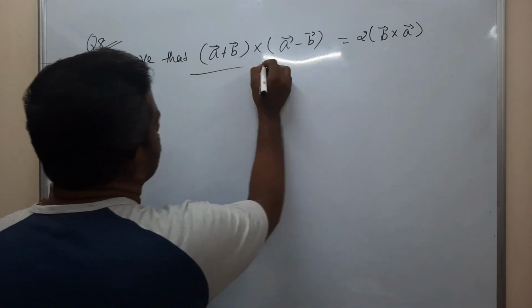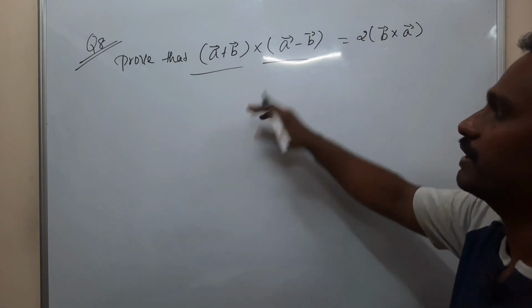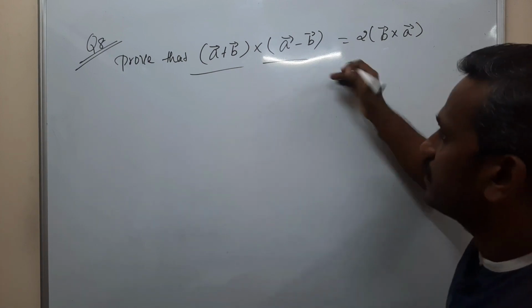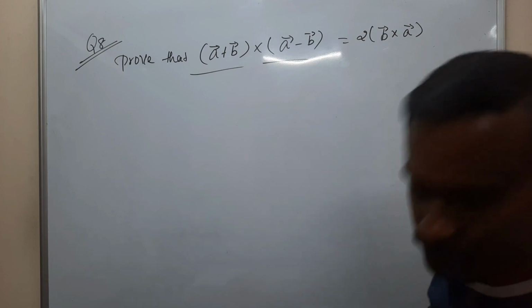Suppose A and B are two vectors. What we have to prove is A vector plus B vector cross A vector minus B vector is equal to 2 times B vector cross A vector.